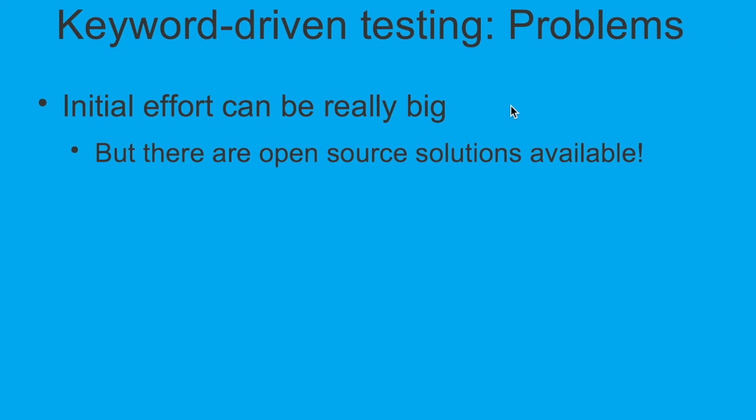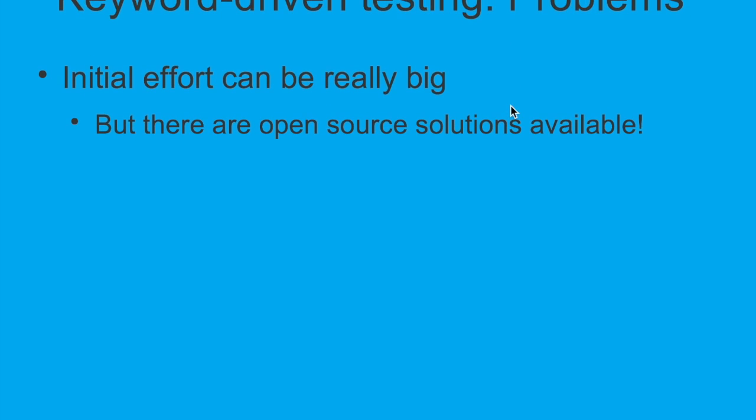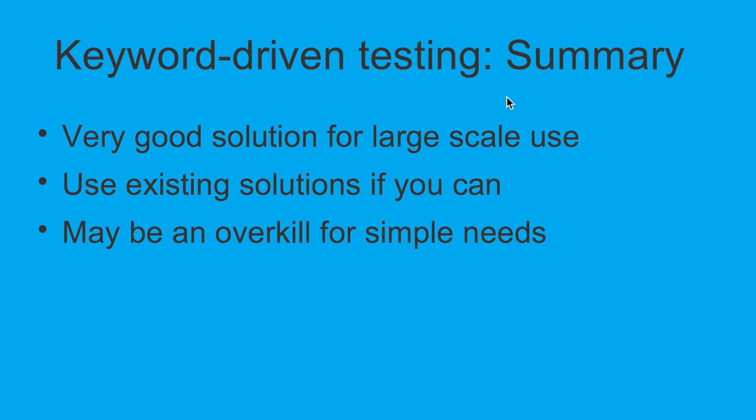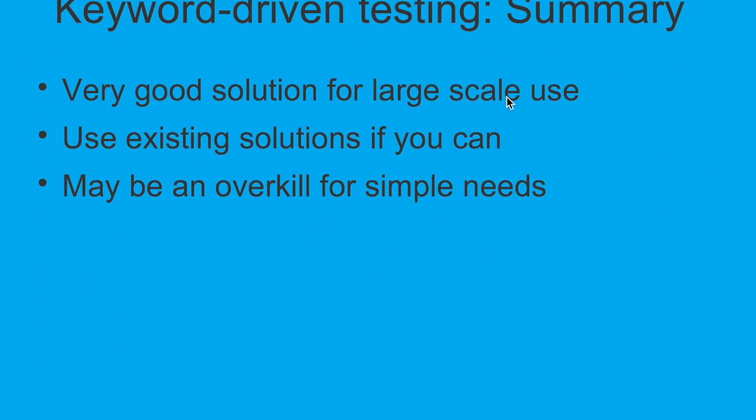Let's talk about the negative part of keyword-driven testing. That is the problems. Initial effort can be really high, but there are open source tools available, which I will cover in my upcoming slides. Now let's talk about the summary.